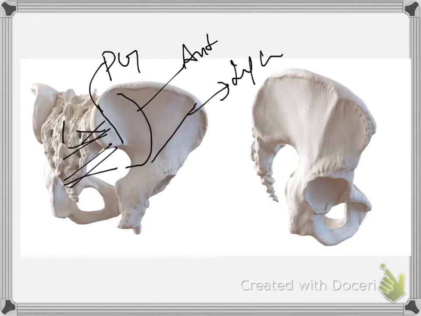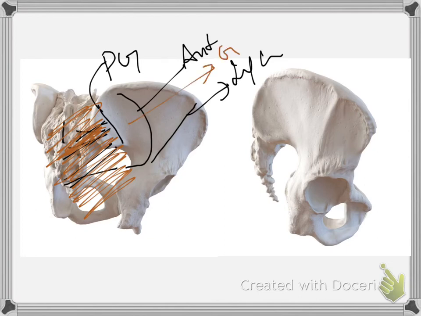Here is the attachment of gluteus maximus. So, gluteus maximus takes its origin entirely. Then between the posterior and anterior, you have the gluteus medius, and between the anterior and inferior, you have the gluteus minimus. All these three are MCQs.